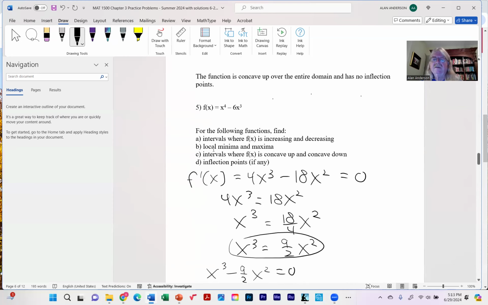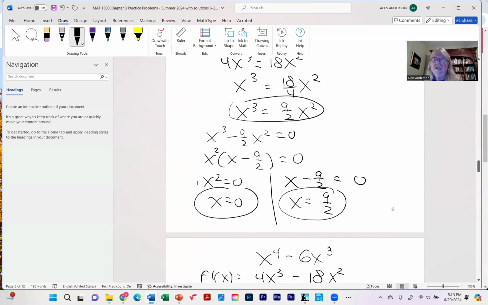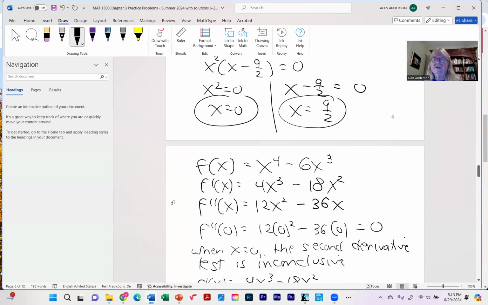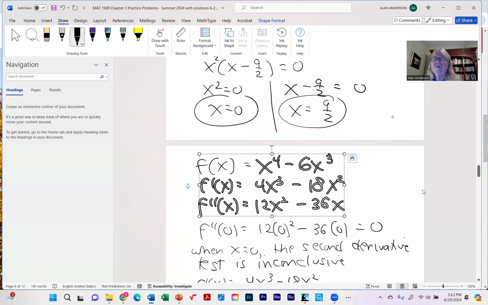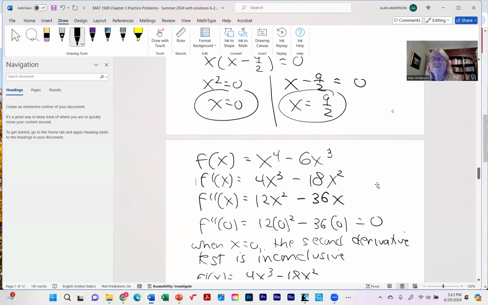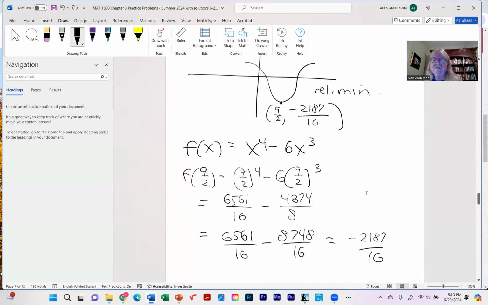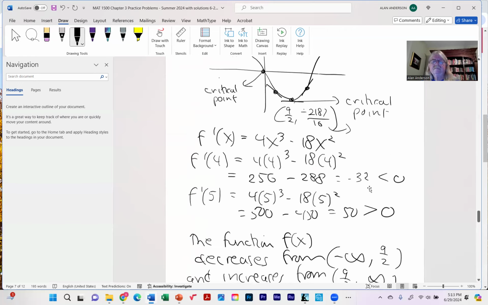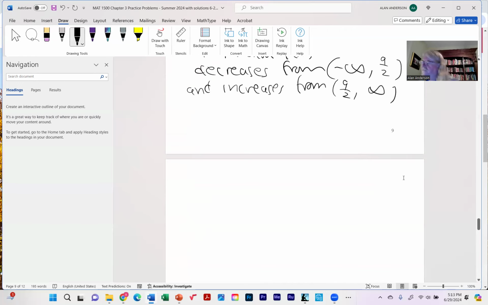Let's see what it is. Let's first set the second derivative equal to 0. So the second derivative, once again, is 12x squared minus 36x. Set that equal to 0.